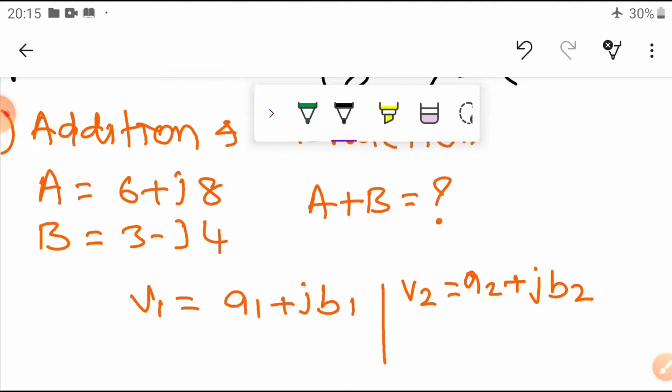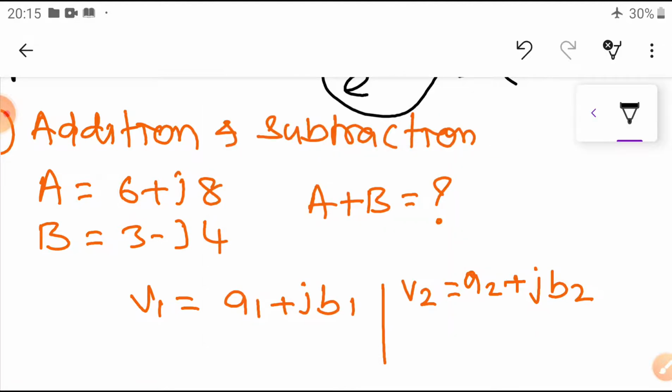Based on this, A1 is the real part and B1 is the imaginary part. The real part we represent as a boy and the imaginary part as a girl. Similarly here, this is the boy and this is the girl.